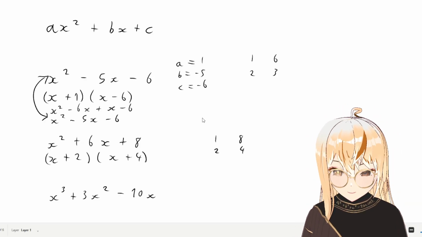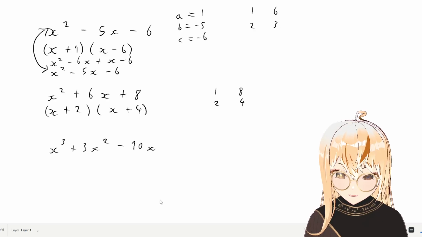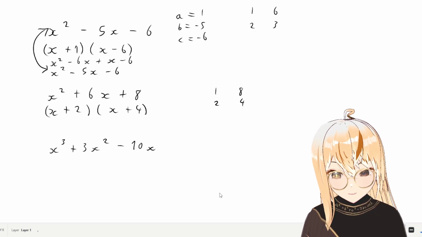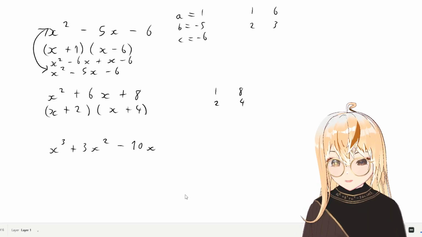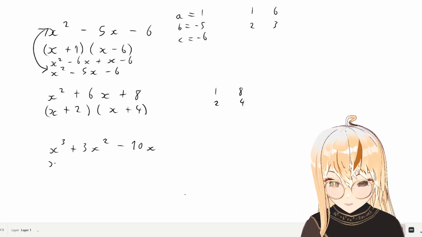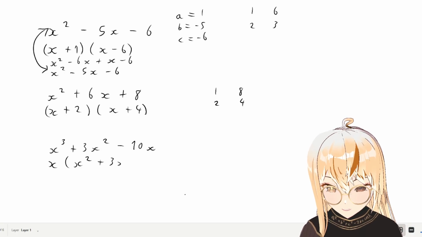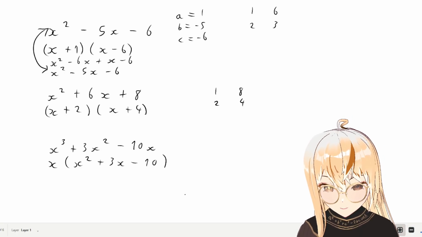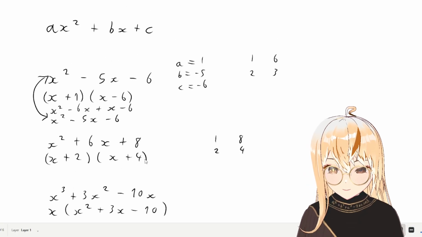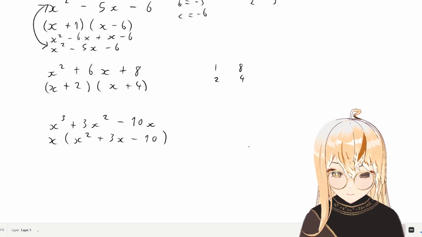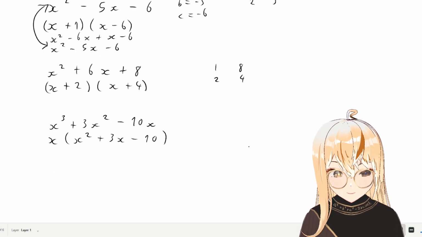Nice. And the one here at the bottom is a little interesting. It's kind of a disguised quadratic, because what you can do is take out x as a factor, and then you get x squared plus 3x minus 10. And you might notice that this follows the general form of the quadratic, so you can factorize that into double brackets as well.